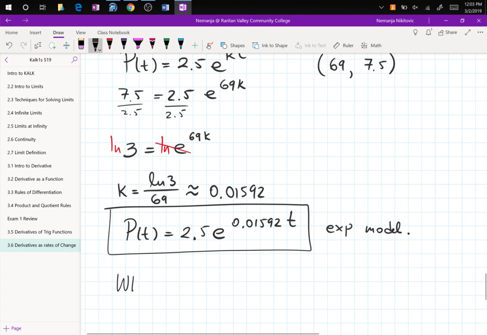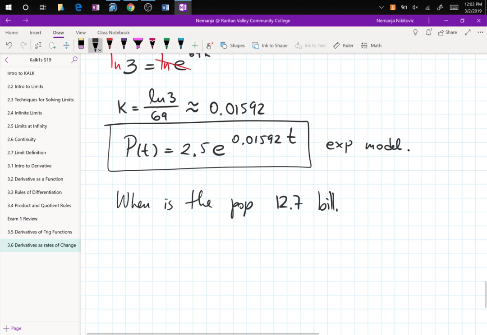So when is the population 12.7 billion? You just want to be safe, I understand. So 12.7 is equal to 2.5 e to the 0.01592t. Same, right? Divide by 2.5. So we have 12.7 divided by 2.5. That gives us 5.08 equals, leave some space to put the ln in.